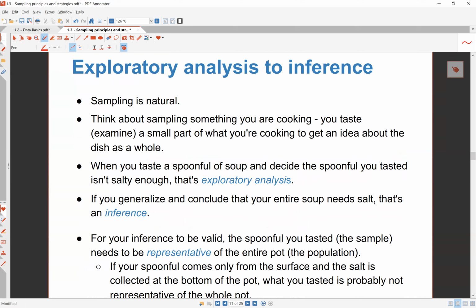Okay, so when we want to collect good information from a target population, sampling is the most natural way to think about that. What you want to ensure with sampling is that you do it in a way that you get representative people or representative objects from the population. Think about it like cooking, right?